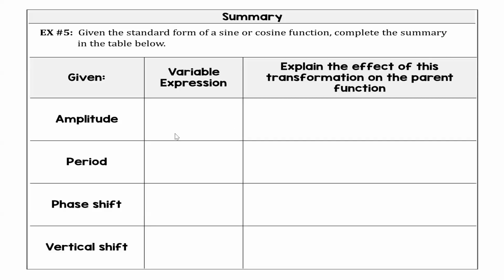Welcome back. So our amplitude here is A. Our variable expression would be A. For our period, it's 2 pi divided by our B variable. Our phase shift is C, and our vertical shift is D. So a way to remember that, your amplitude is going to be half the height of your wave. So it's always going to be half the height of your wave.